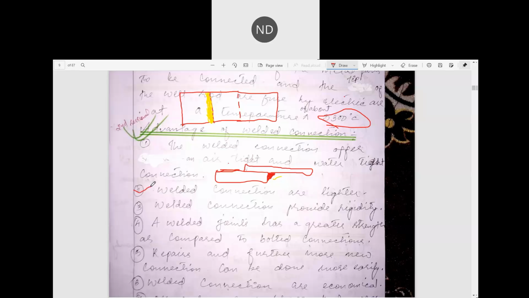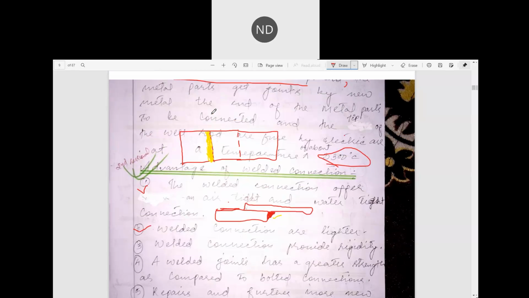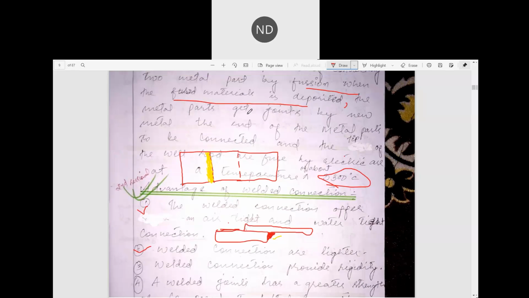Next advantage is welded connections are lighter. Obviously, because you are using the fused metal portion, a slight amount of metal, to join these two plates.